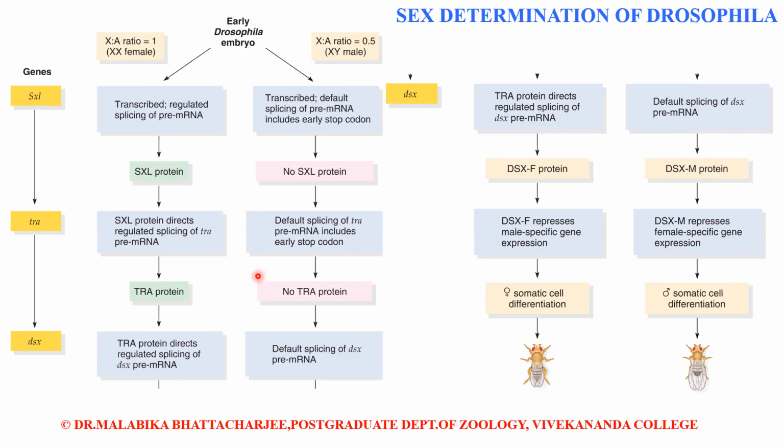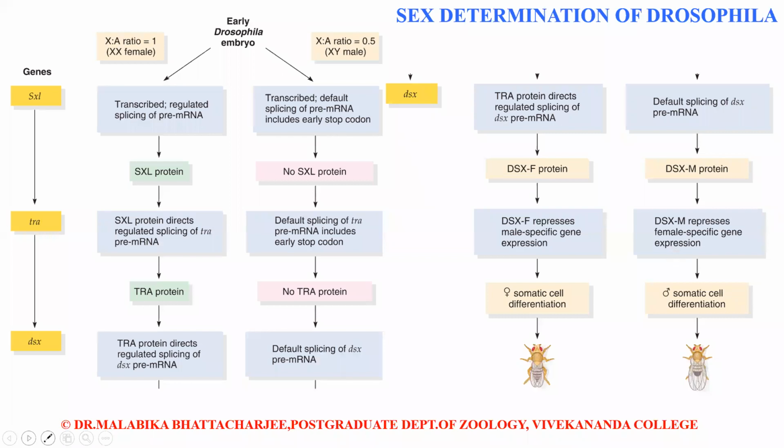So in absence of TRA protein, default splicing of the double sex pre-mRNA, and we are getting the double sex male protein. The double sex male protein represses female specific gene expression and we are getting male somatic cell differentiation. So this is basically the cascade of sex determination in Drosophila.